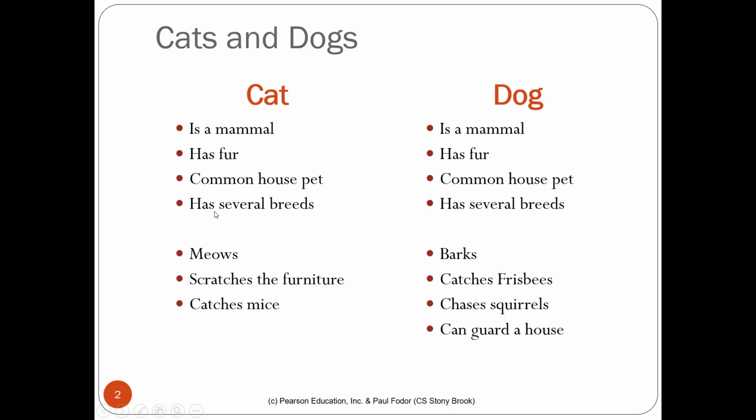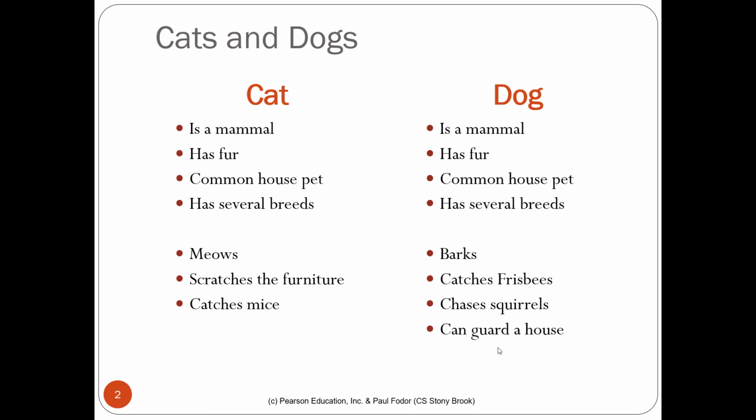The top four properties are similar. The remaining properties will make cat a specialized class of the mammal class. Cat scratches furniture and catches mice. Dog barks, can catch frisbees, chases squirrels, and can guard a house.